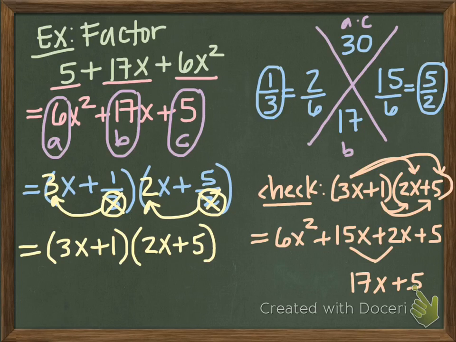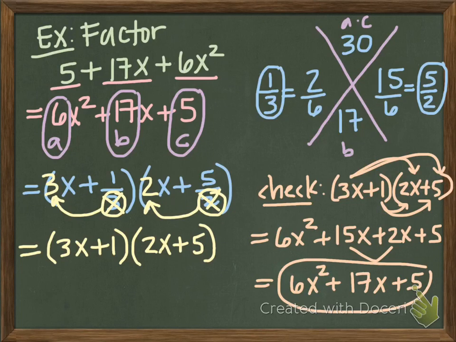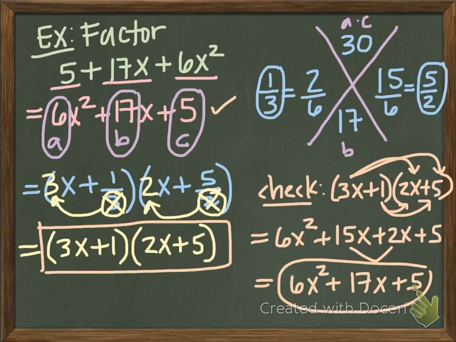Bring down the plus 5. Bring down the 6x squared. And this does match what I started with once I rewrote it in the correct order. So that means my two factored binomials are correct.